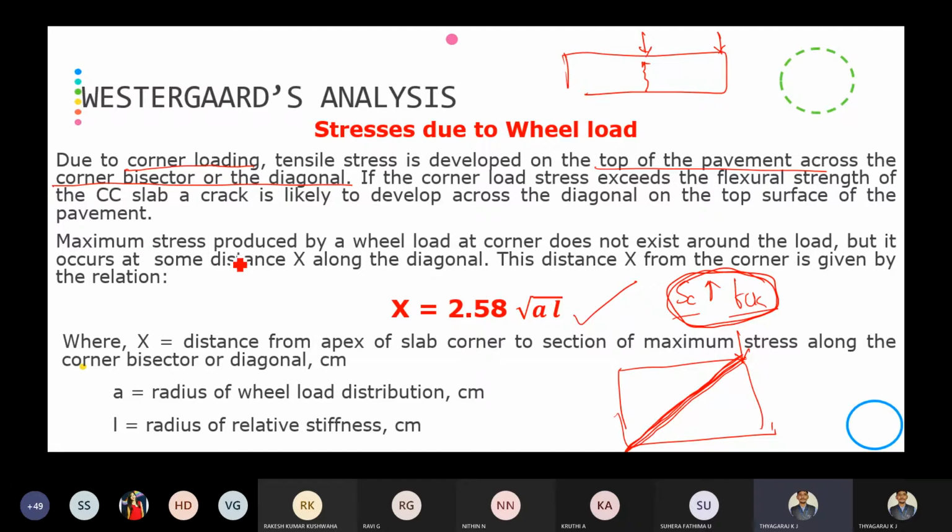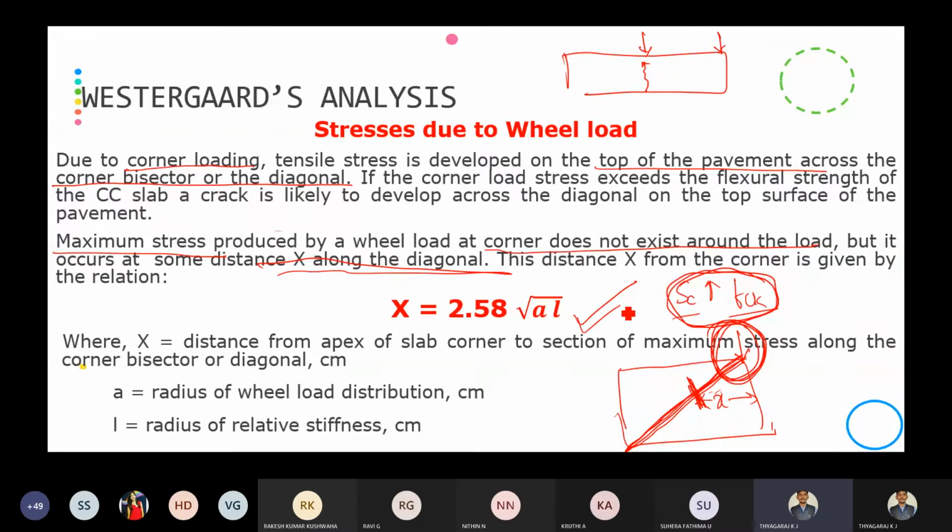Then the maximum stress produced by the wheel load at corner does not exist around the load. Whatever maximum stress is developed at the corner, it will not exist around the load, but occurs at a distance x from the load along the diagonal. At a certain point at a distance x from the load, the crack will develop.